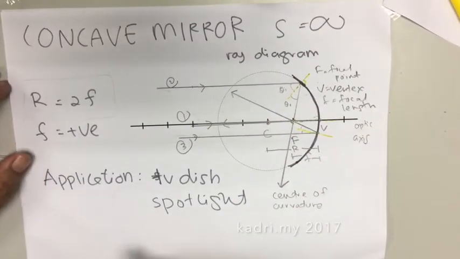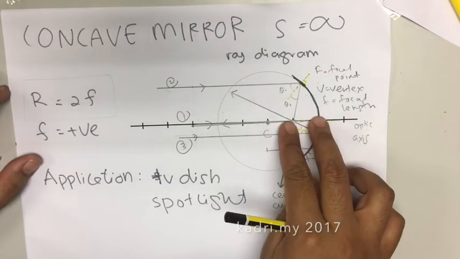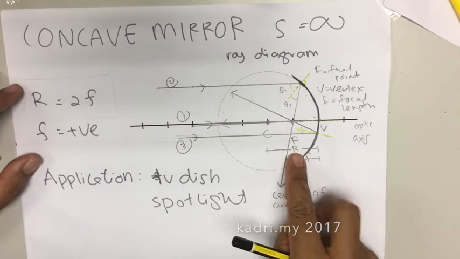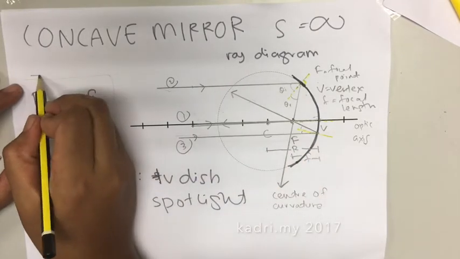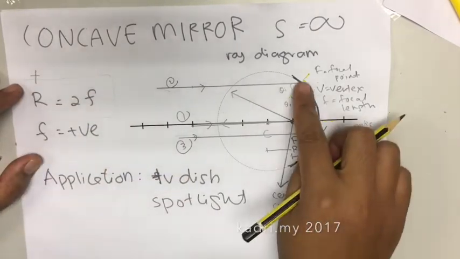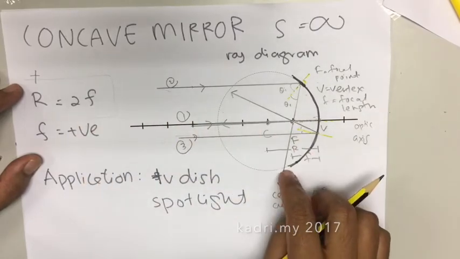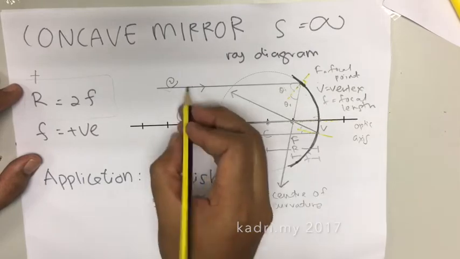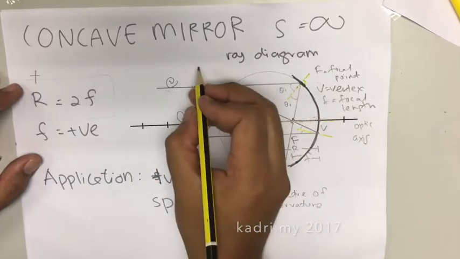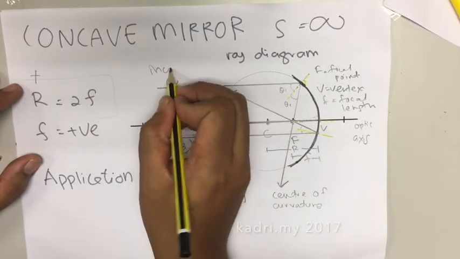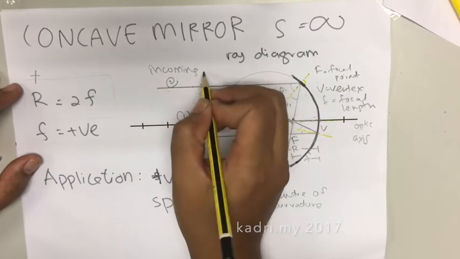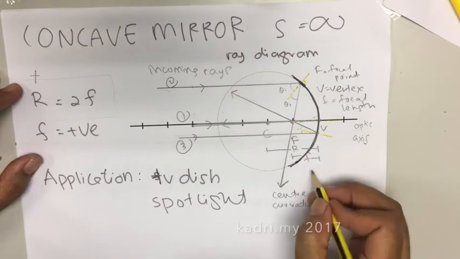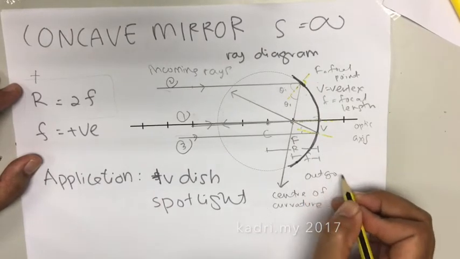By our convention, this focal length is positive, because the radius is positive. The radius is positive because the outgoing rays are on the same side as the center. So where are the outgoing rays? These coming rays are called incoming rays, and the reflected rays are called outgoing rays.